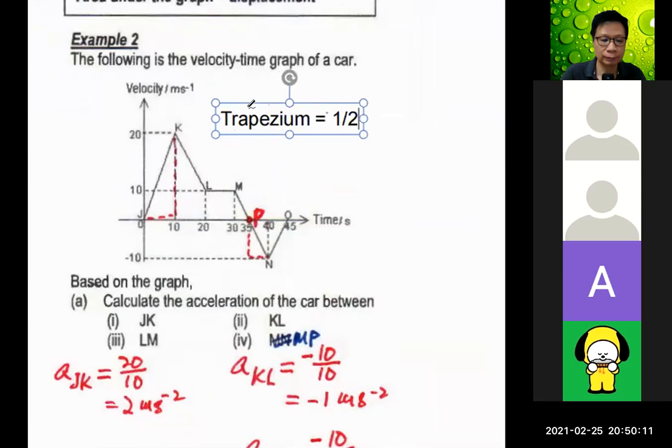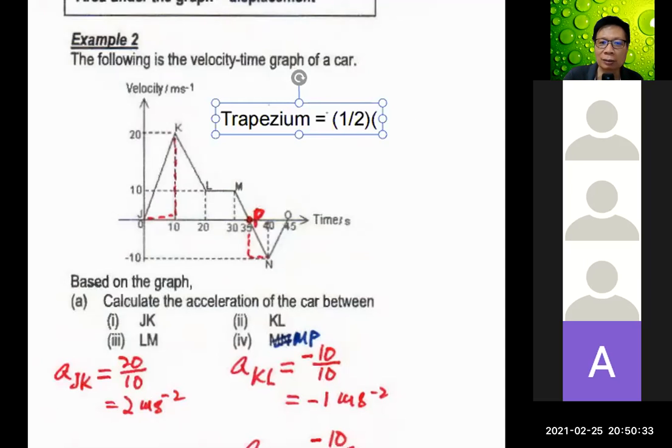One half. The formula is what? One half what? Anyone knows or not? How to find the area of a trapezium? One half times what? Tell me.